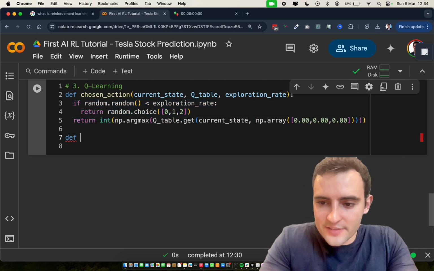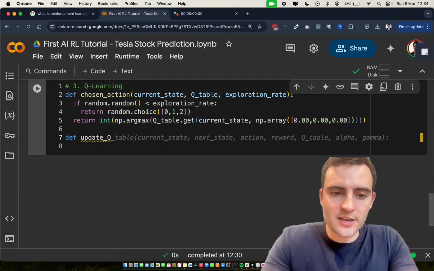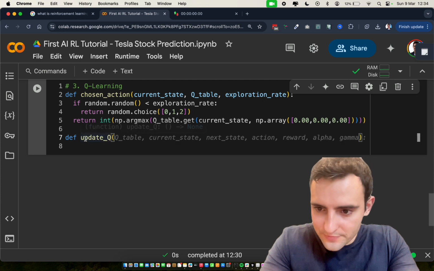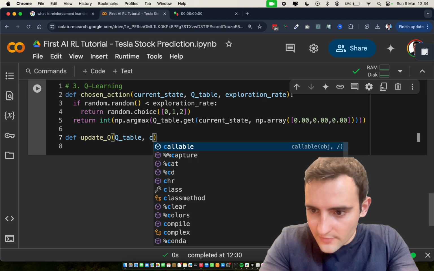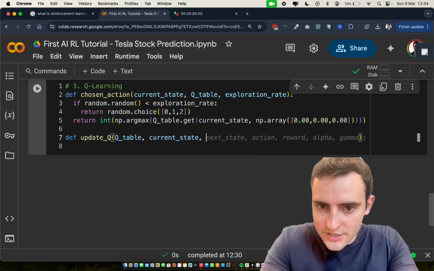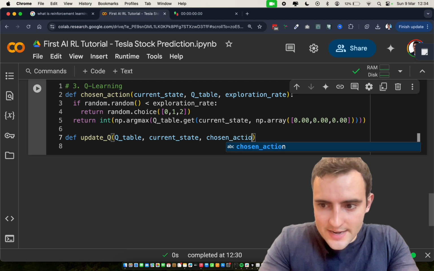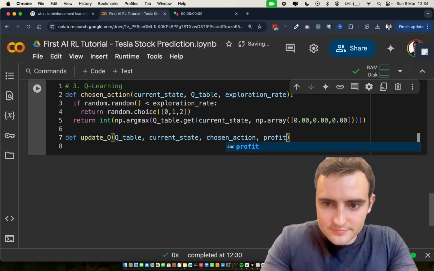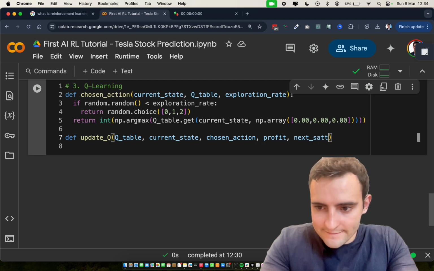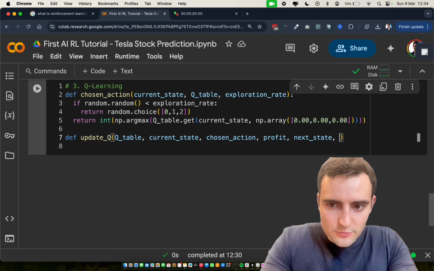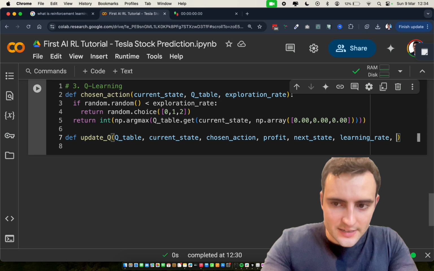Next, we're going to do def update Q, which is updating this table of knowledge. And the arguments are the Q table, its current underscore state, its chosen action, profit, next state, learning rate, which is the amount that it learns, and the discount factor.